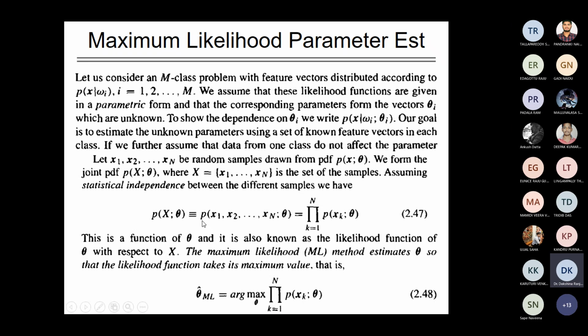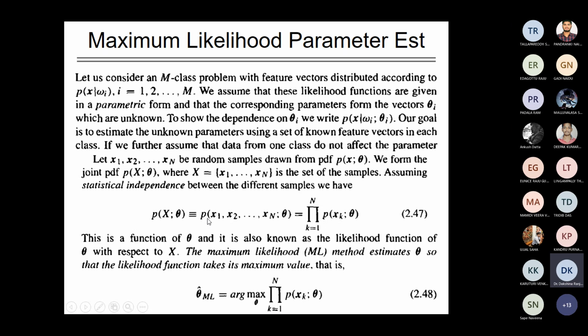If we write this expression in a different way, we can write the probability of x1 parameterized by theta, the probability of x2 parameterized by theta, and in this way we write the probabilities for the set of n samples.